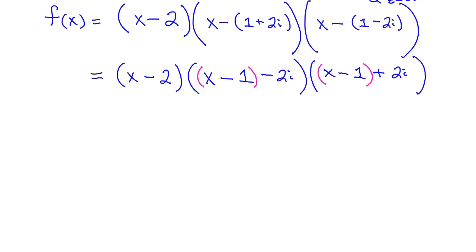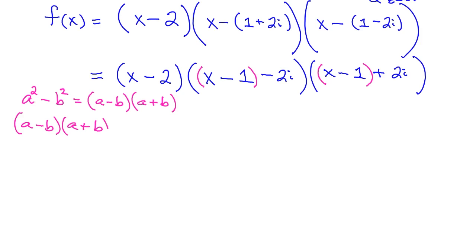And I'm going to use the difference of two squares formula. You may recall that if you have a squared minus b squared, this is equal to a minus b times a plus b. Well, I'm going to reverse this. And I'm going to do a minus b times a plus b is equal to a squared minus b squared.